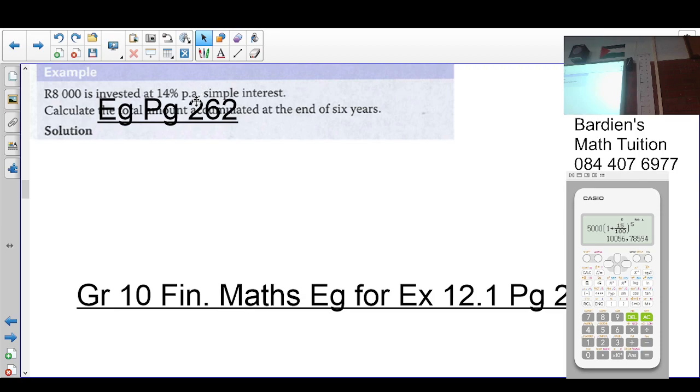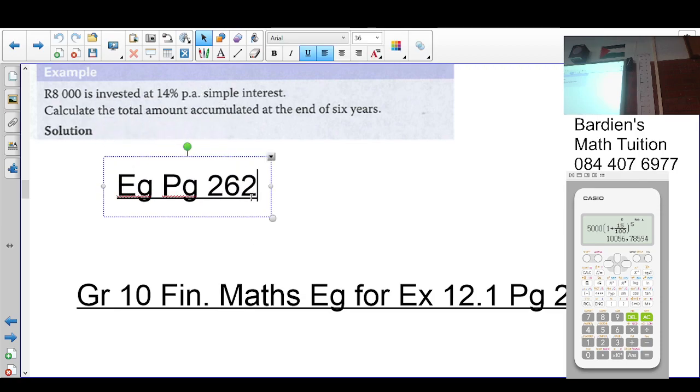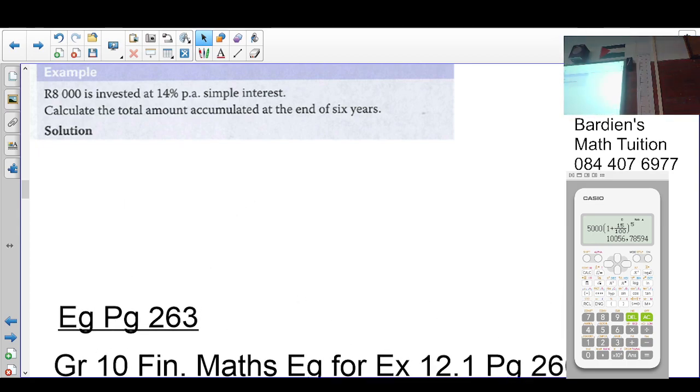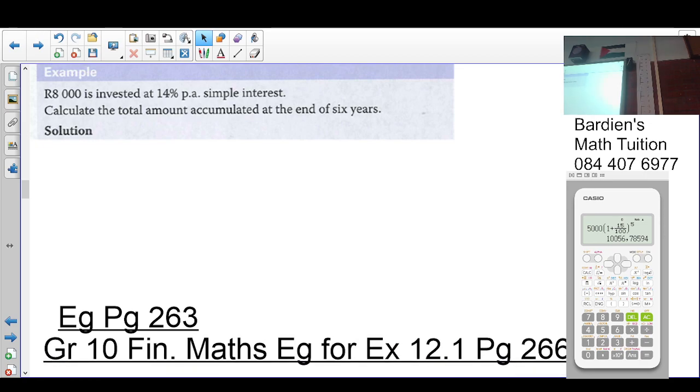Okay, let's look at this example. This example is on page 263. Here we are told that 8,000 rand is invested at 14% per annum simple interest. Calculate the total amount accumulated at the end of 6 years. If they tell you simple interest, immediately what comes to mind is the simple interest formula.